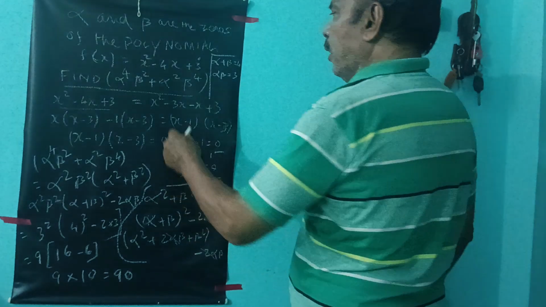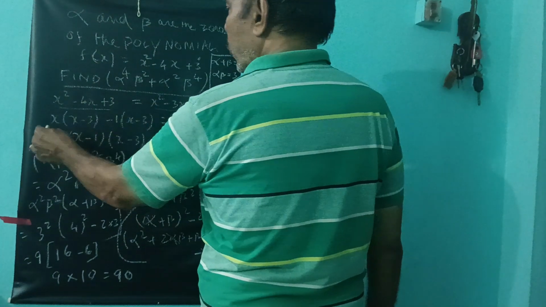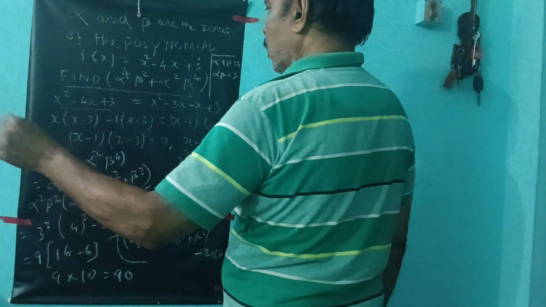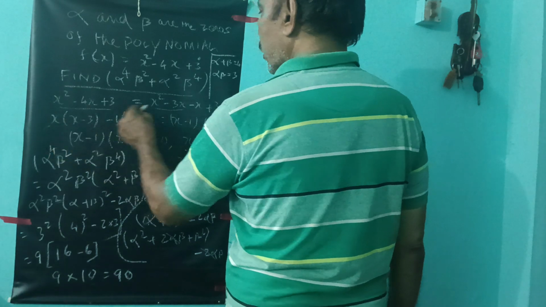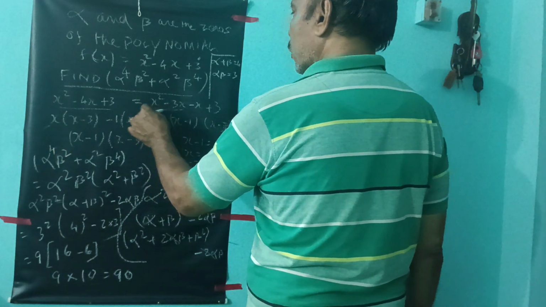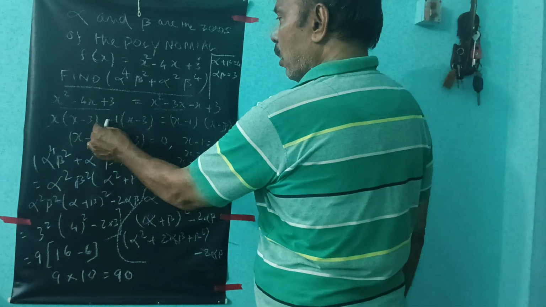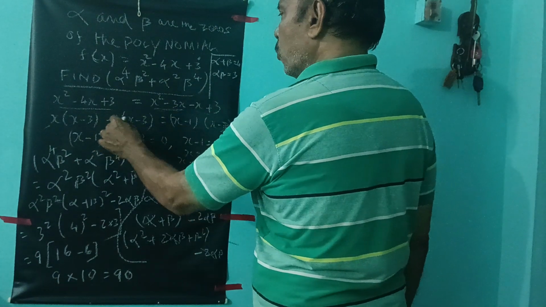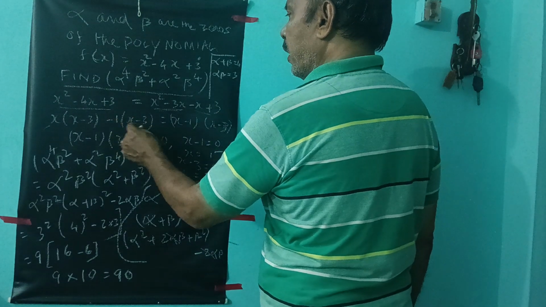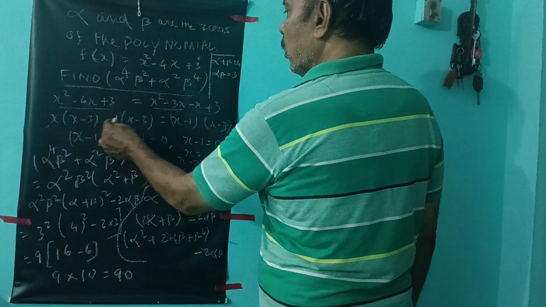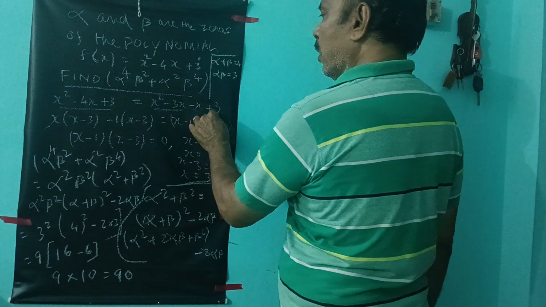Here in x squared minus 3x, you can take out x, so this becomes x into x minus 3. Now I am taking minus 1 outside. This minus x plus 3 becomes minus 1 into x minus 3, because minus 1 into x is minus x, and minus 1 into minus 3 becomes plus 3.